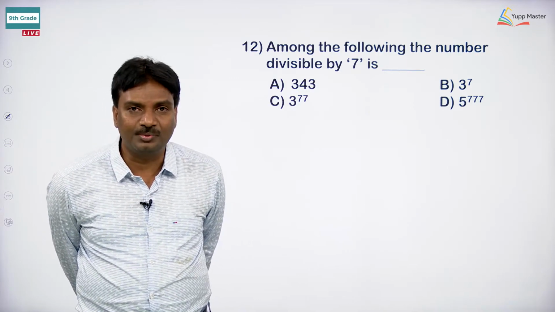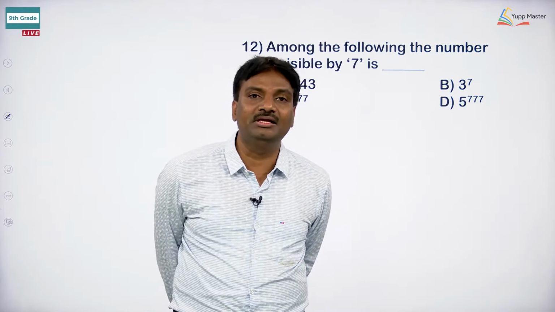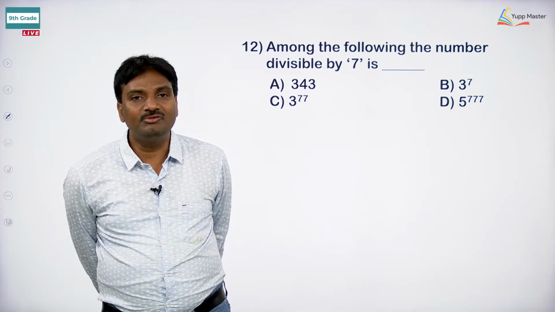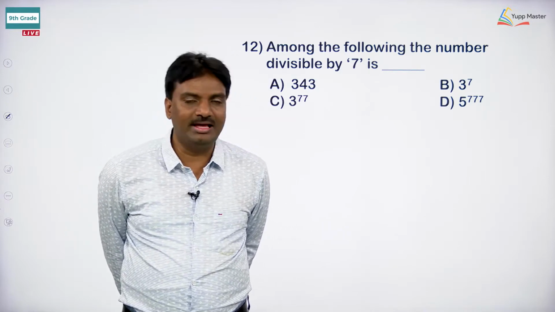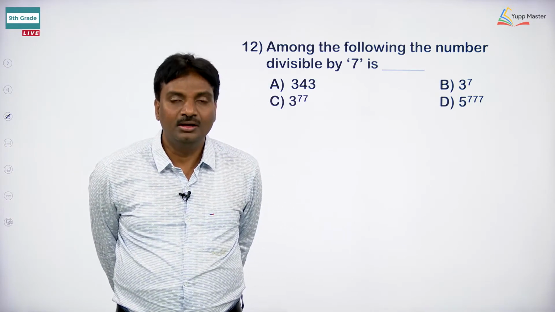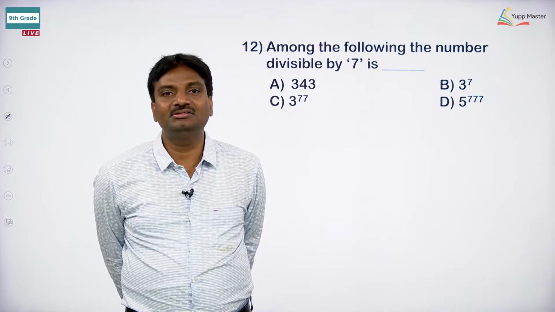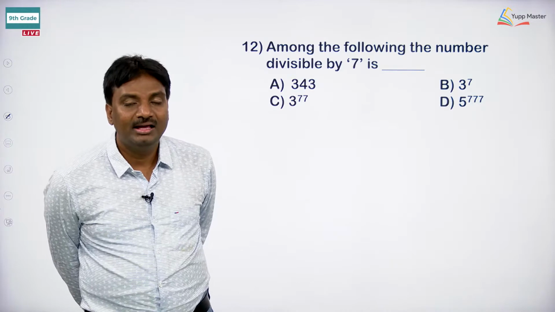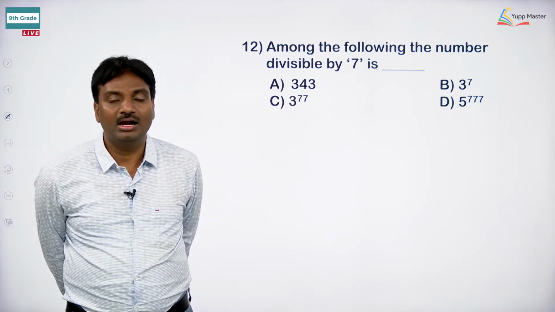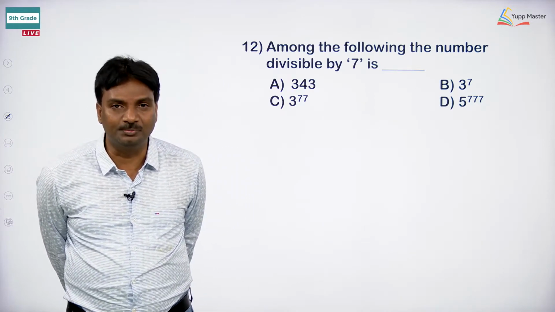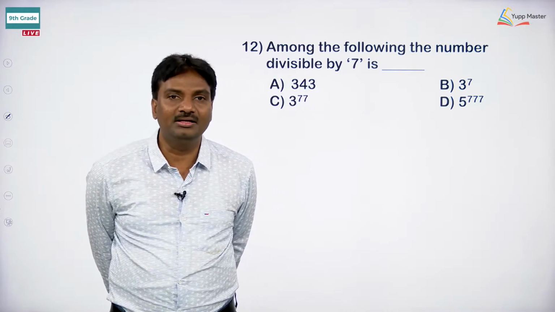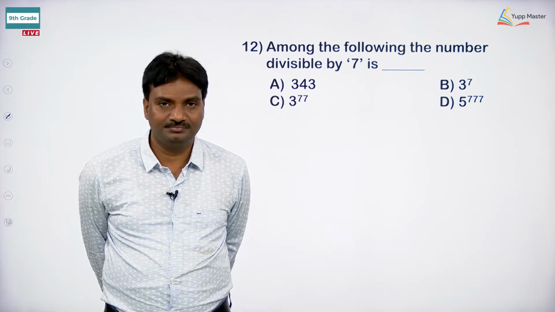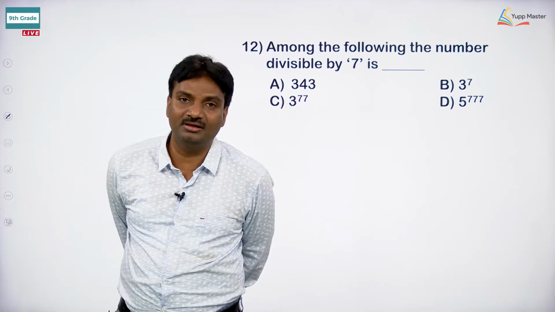To solve this problem, we have to recap the divisibility rule of 7. So what is the divisibility rule of 7, my dear students? To check whether a number is divisible by 7 or not, double the number in units place and subtract it from the remaining digits of the given number.